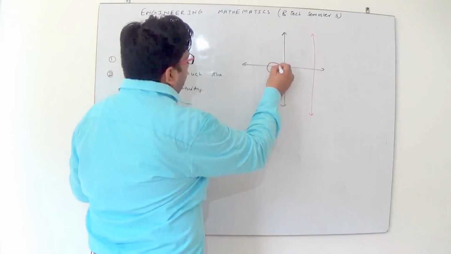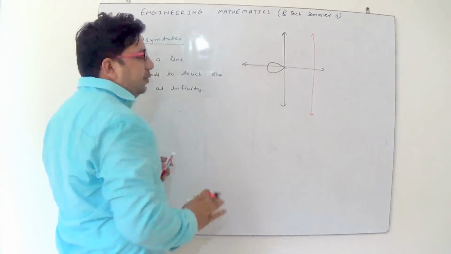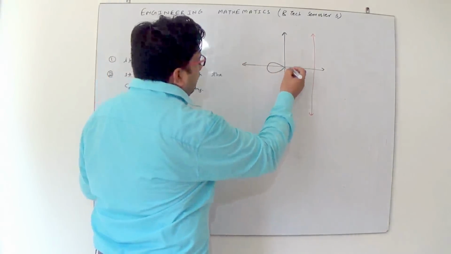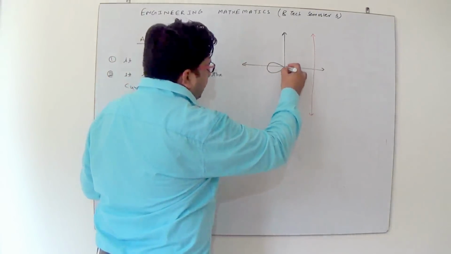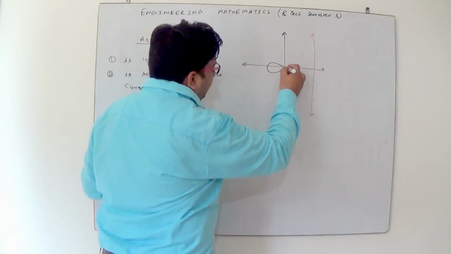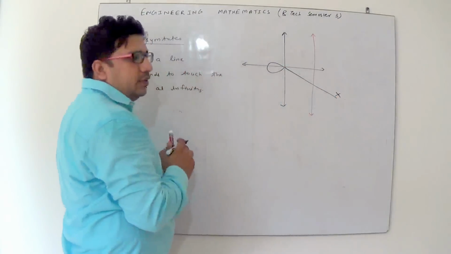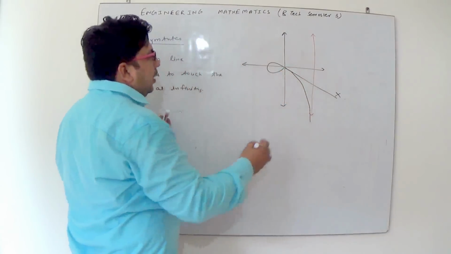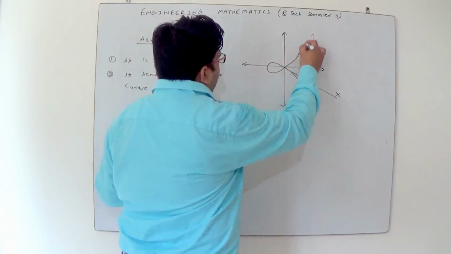Okay. On the other side, the curve can cut x-axis as well, but on the asymptote side, it will never cut like this. It will always go like this. Similarly, on the above side.